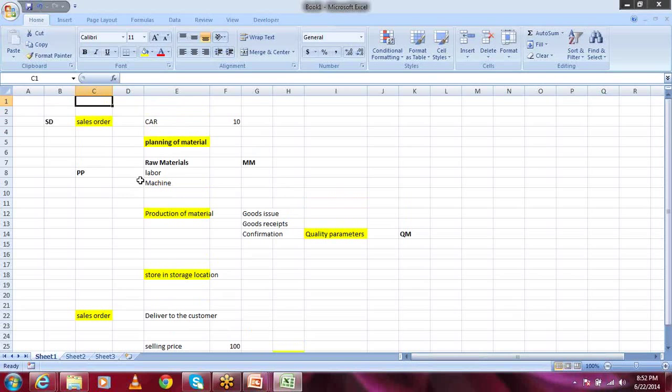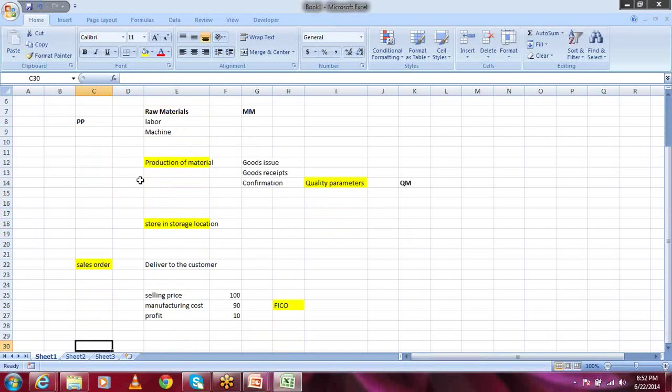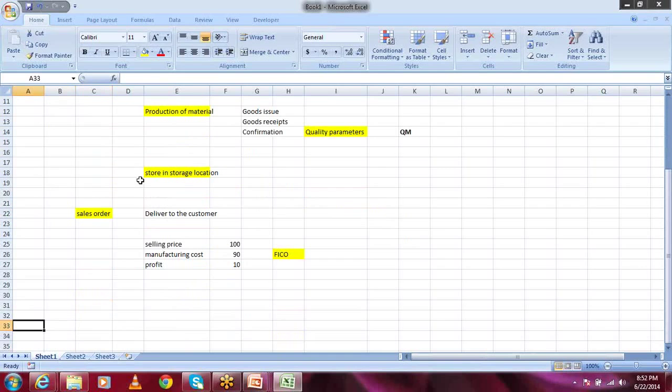Some businesses are different. In those businesses, you won't get the sales order first. Take the sugar industry, for example. Do you manufacture sugar based on a sales order? No. You manufacture continuously and send it to the market, and the customers purchase it.